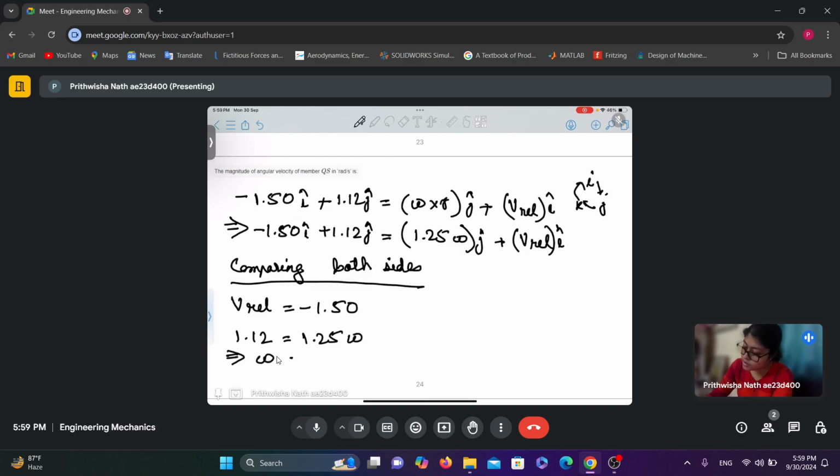So omega is 1.12 divided by 1.25, which is nothing but 0.896 radians per second.